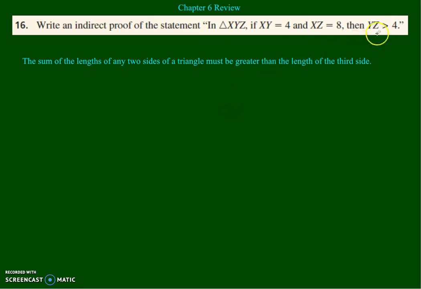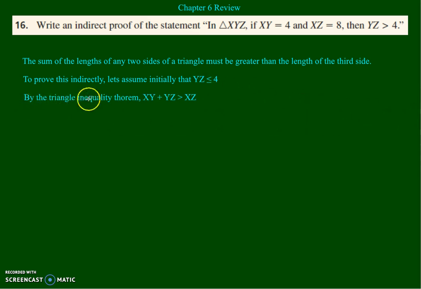So in order to prove that YZ must be greater than 4, using an indirect proof, we're going to initially assume the opposite is true. So we're initially going to say that YZ is less than or equal to 4. Now, in order to use this assumption to prove the theorem, we have to say that by the triangle inequality theorem, XY plus our YZ value is going to have to be greater than our XZ value.